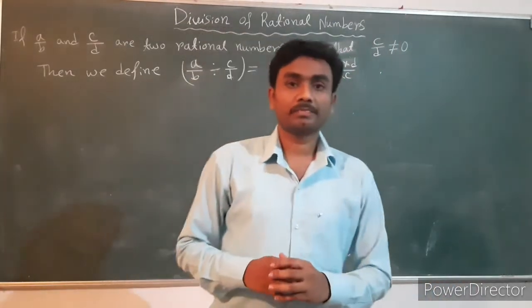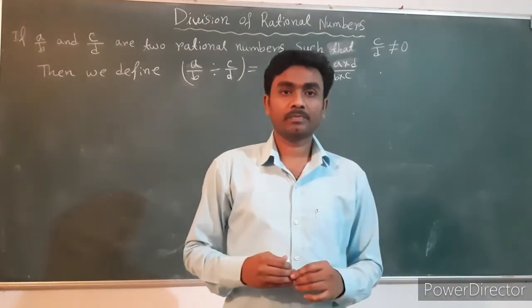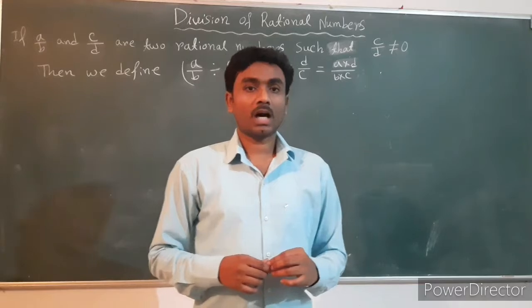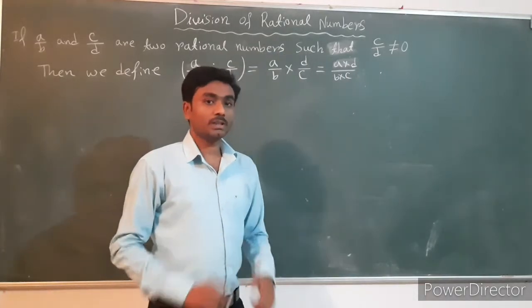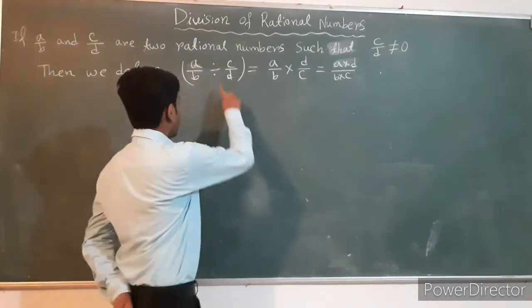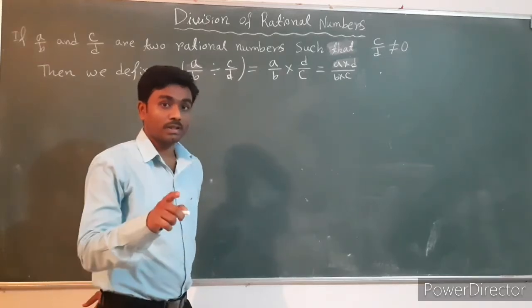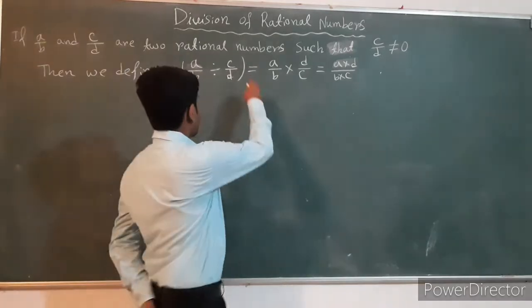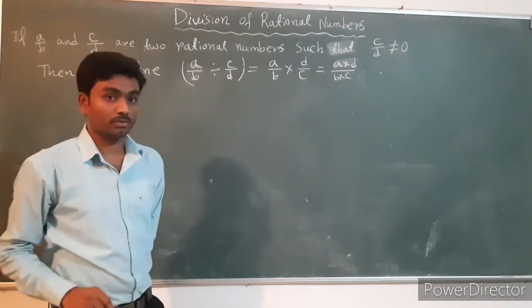The division of rational numbers. If a by b and c by d are two rational numbers, then we divide a upon b by c upon d only when the divisor, that is c by d, is not equal to 0.